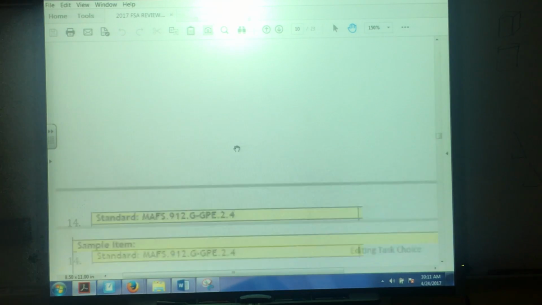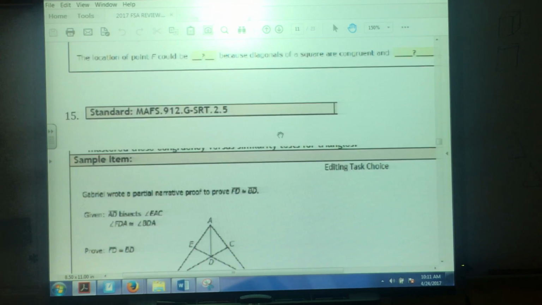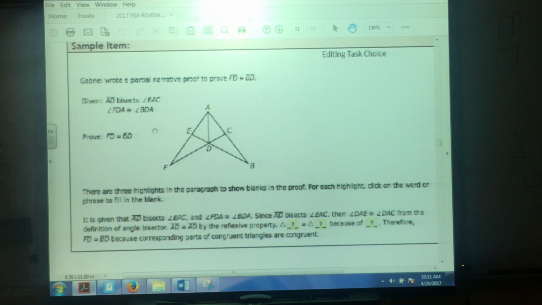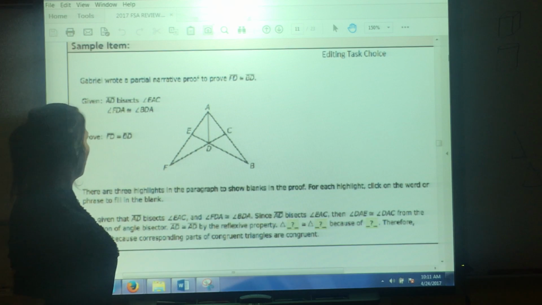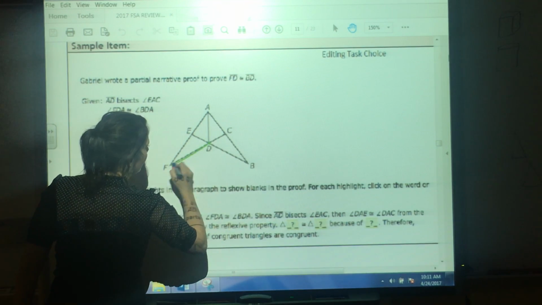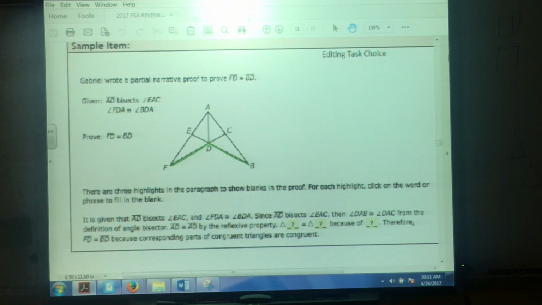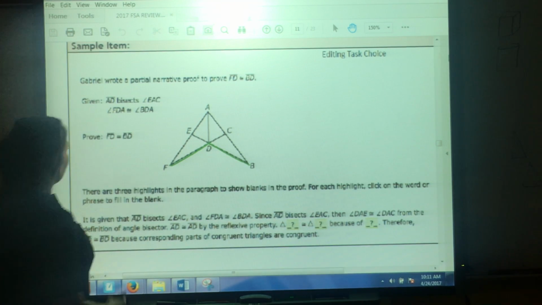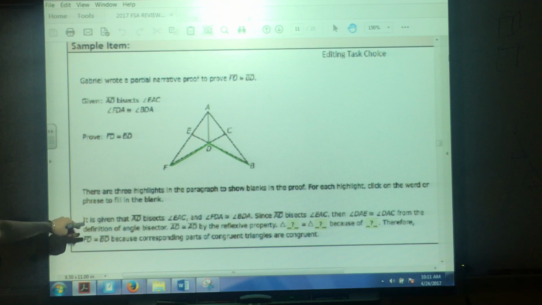We did this one. There's a couple repeats in here. All right, this is an easy one. Gabriel wrote a partial narrative proof to prove that FD is congruent to BD. Let's just read what he wrote.